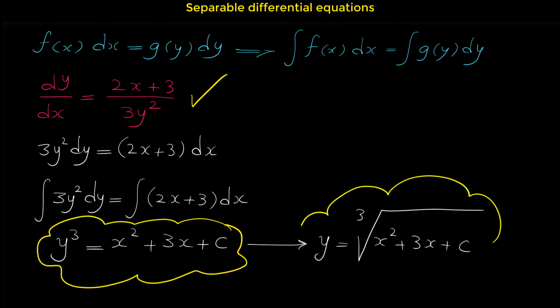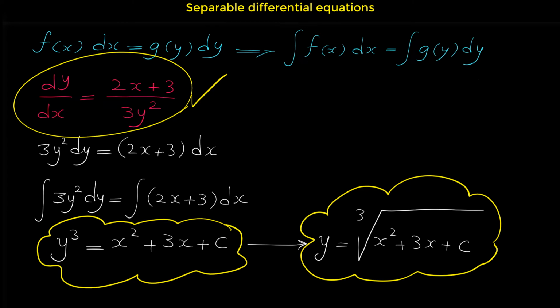So you can write the solution in this form as well. This form is the explicit form and the other is the implicit form of the answer. And note that we cannot find the constant c in this equation because we don't have any initial condition for this differential equation.